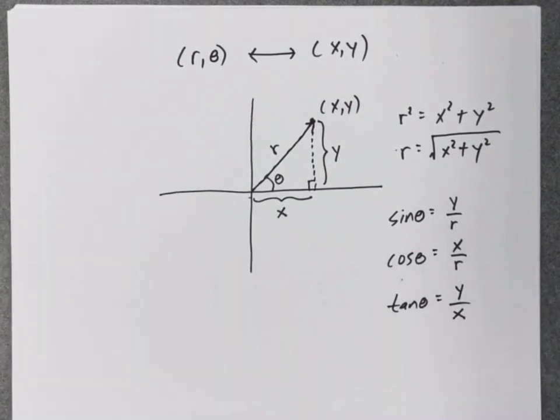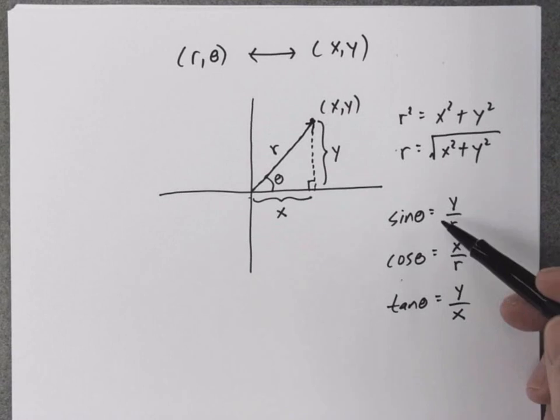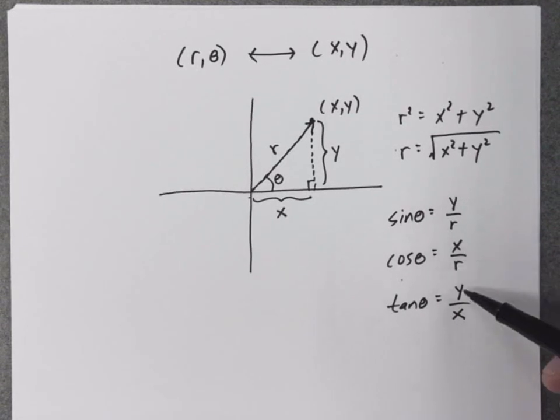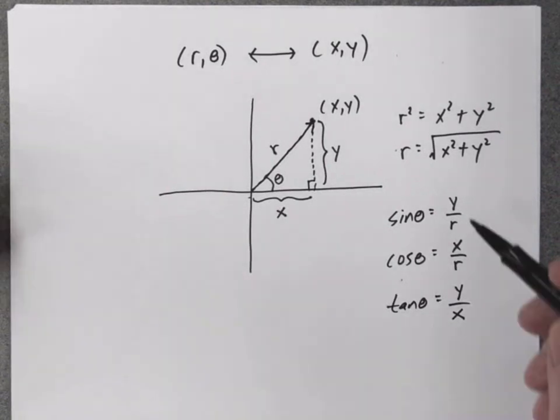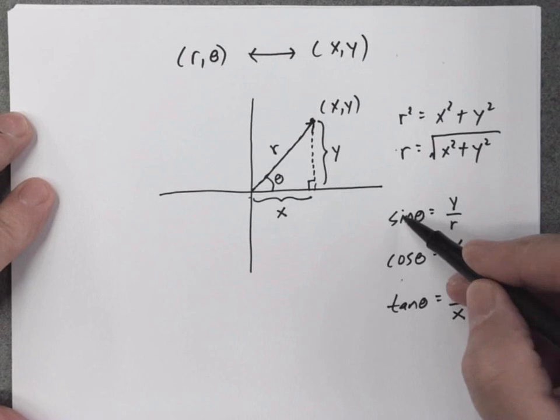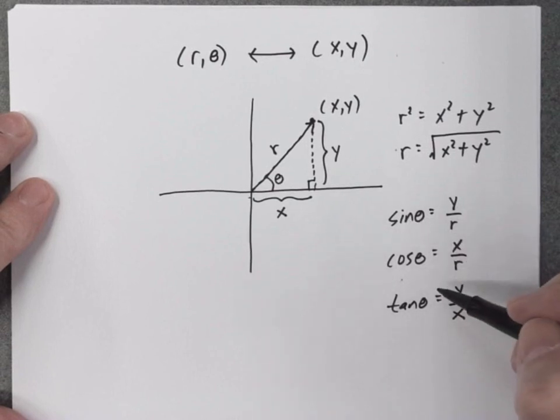So now here are three equations that relate the angle theta to either x and y and r, or even down here just x and y. Now you're going to see in a minute, I'm going to rewrite especially the sine and cosine.